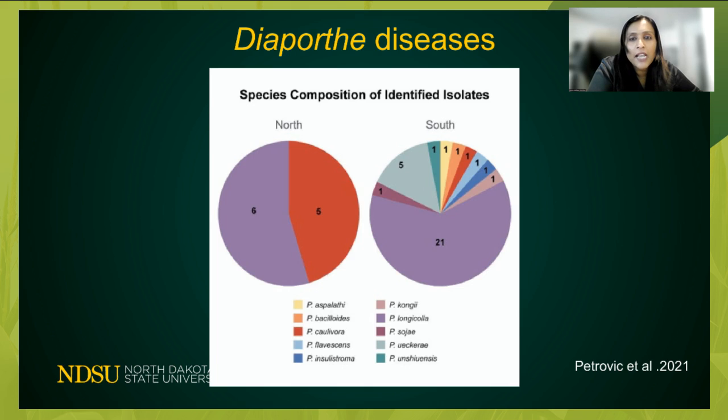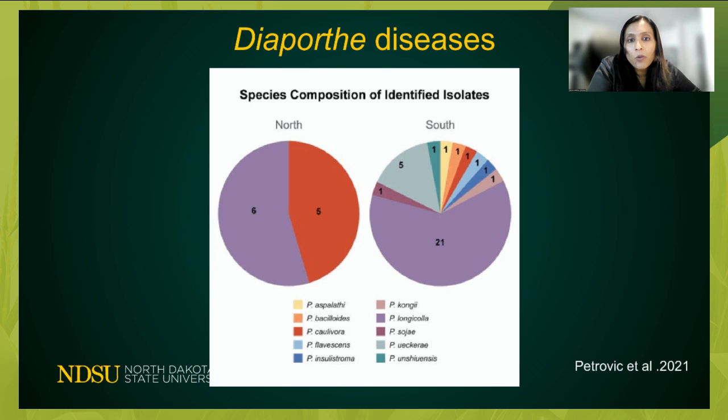If we were to challenge soybean plants in the greenhouse with an isolate of any of the organisms belonging to the Diaporthe family, they produce very similar symptoms, which means by looking at the plant, we can tell it's Diaporthe, but it's going to be hard to tell which exact species may have caused the disease.